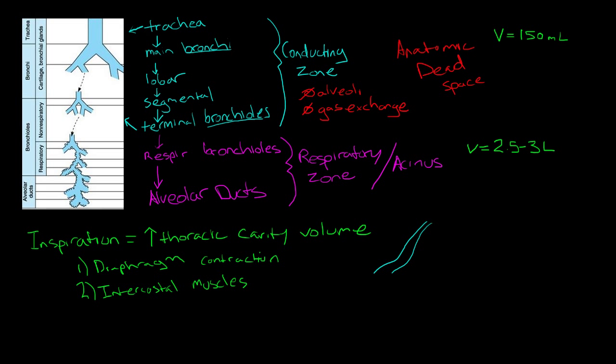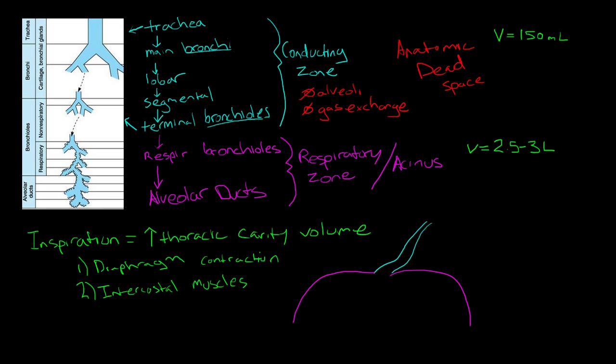So it's a lot like water in a river. And then once it hits the respiratory zone, because the surface area is so much greater in the respiratory zone, it's a lot like that river emptying into a large lake. And so the velocity is going to drop. As you can imagine, water from a river flowing into a lake would drop, or even an ocean. Let's use an ocean.